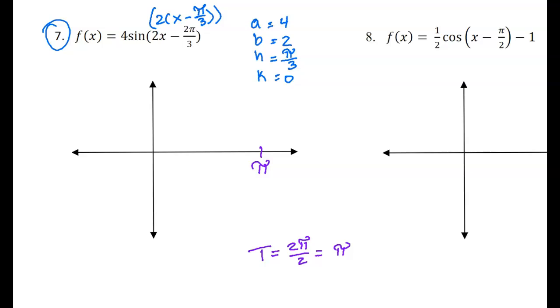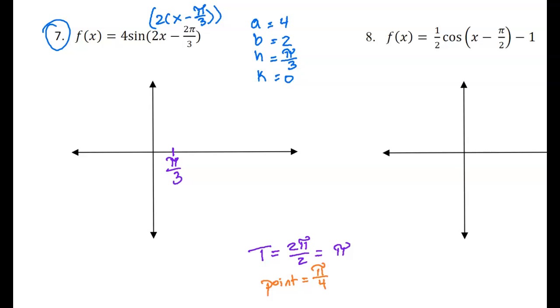So what you have to do is first draw how much it's been shifted. Shifted over pi over 3. We still find the period points the same way. You still take your period and you divide it by 4. So pi over 4.